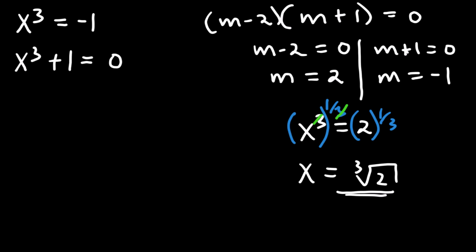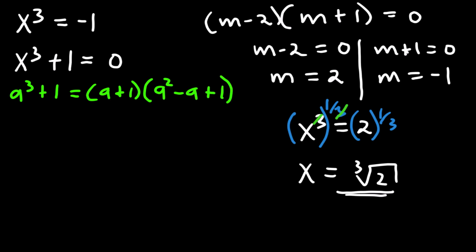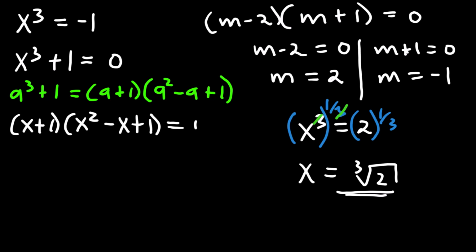And if you recall, if we have, let's say, a to the power of 3 plus 1, this is the same as a plus 1 times a to the power of 2 minus a plus 1. Therefore, x to the power of 3 plus 1 will become x plus 1 times x to the power of 2 minus x plus 1, and this will be equal to 0.